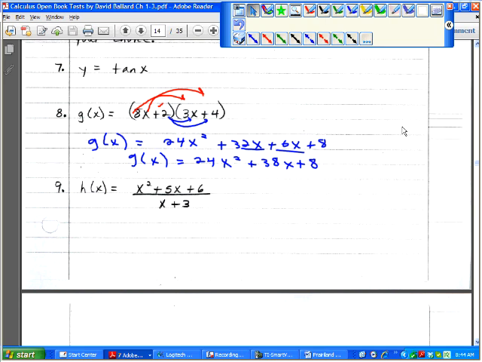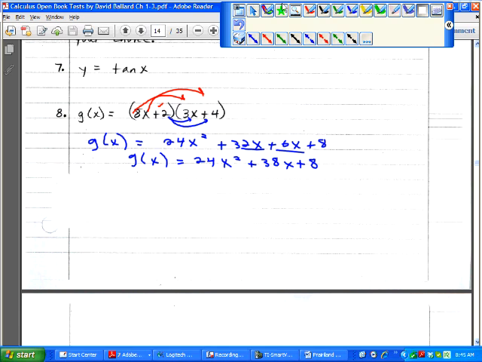So we rewrote the original function as a sum or difference, and now we're going to use the sum or difference rule rather than the product rule. If we're used to the product rule, you may think, well, I could have done it with the product rule as fast as having gone through all that, which is very likely the case. At this point, g prime of x: we know that the derivative of a sum or difference is the sum or difference of derivatives.